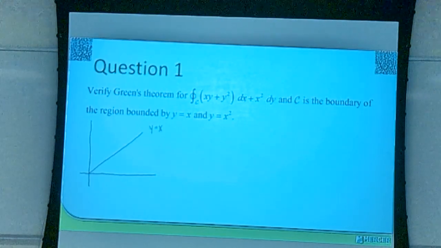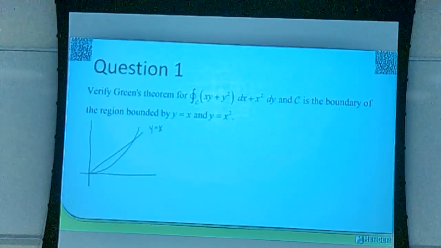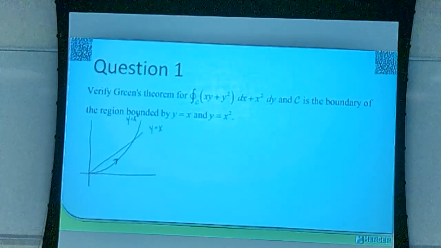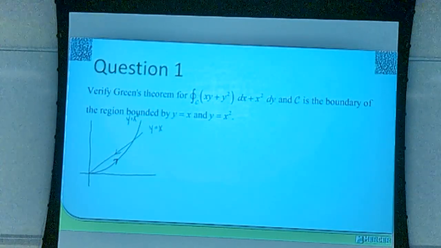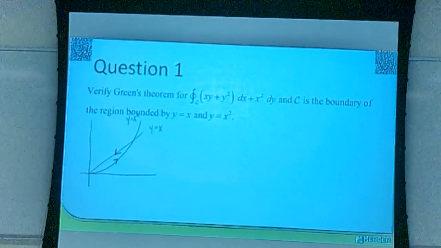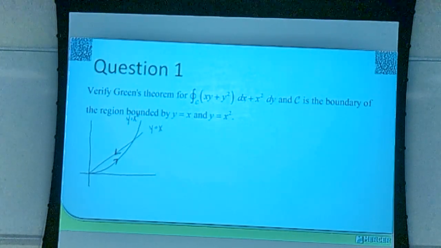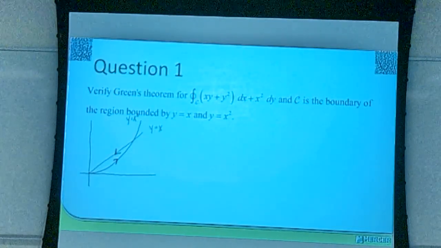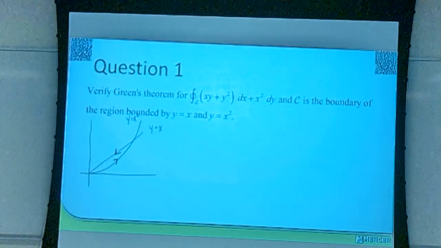And then that'd be y equals x squared. We're assuming counterclockwise. If you don't know whether it's clockwise or counterclockwise, you just pick. Because it's a verification, I'm assuming counterclockwise. It will be stated explicitly for the exam.